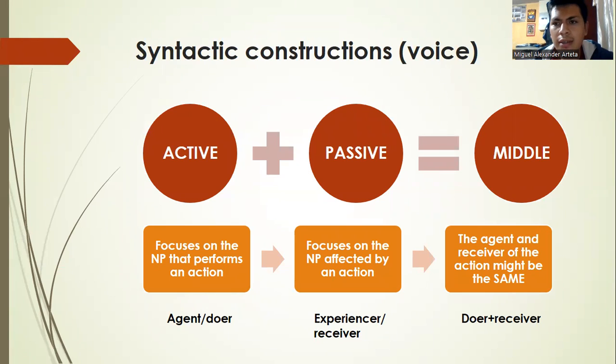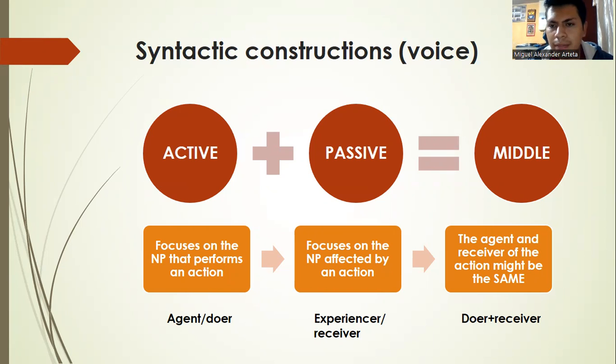This focuses on the subject, the noun phrase, affected by an action. It is the experiencer or the receiver of an action. So in active, we talk about a doer, and in passive voice, we talk about the receiver.